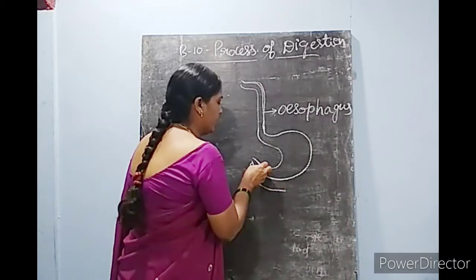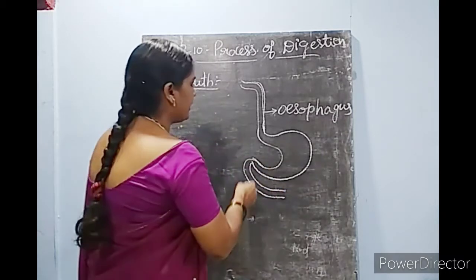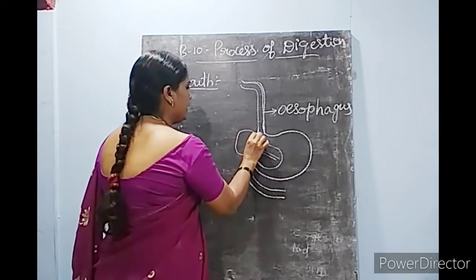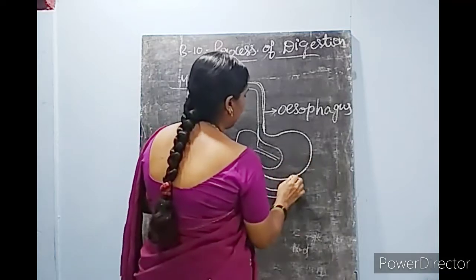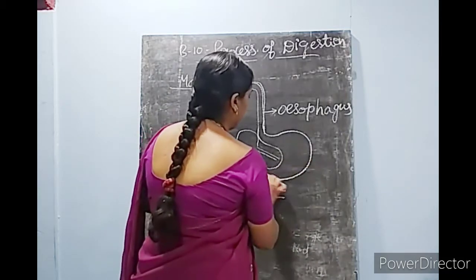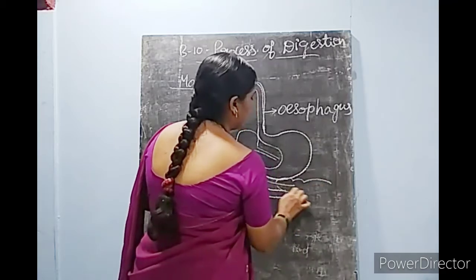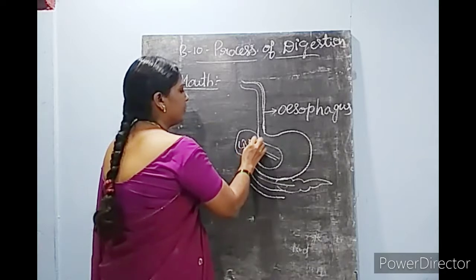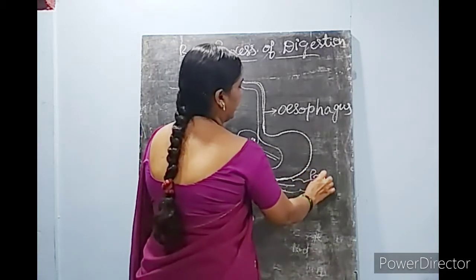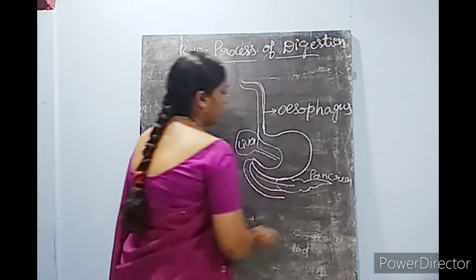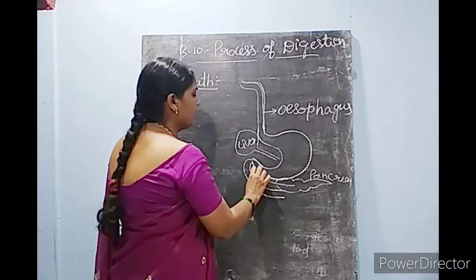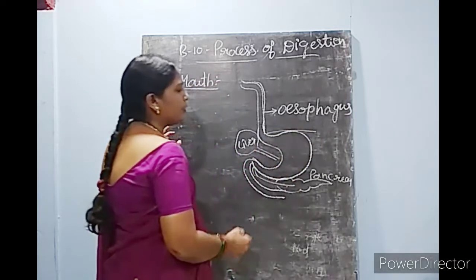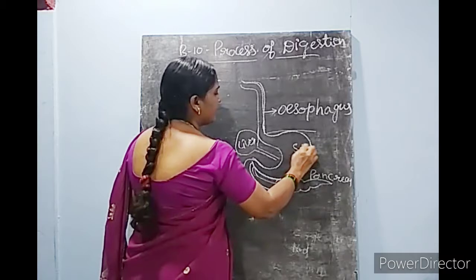Near the stomach, on your right hand side, the liver is present, and on the left hand side of the stomach, the pancreas is present. This is the liver, this is the pancreas. They both release juices inside the stomach.